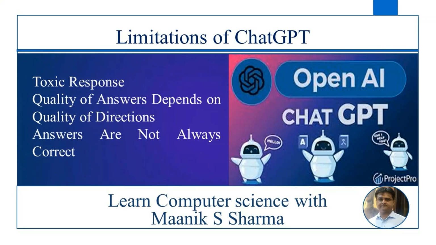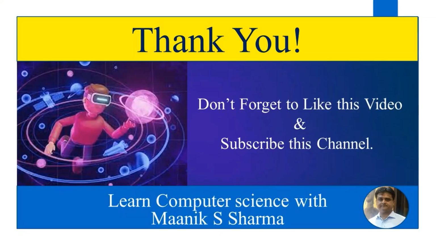In other words, expert direction generates better results. Another limitation is that because it is trained to provide answers that feel right to humans, the answers can trick humans into thinking the output is correct. Last, many users discovered that ChatGPT can provide incorrect answers, including some that are widely incorrect.